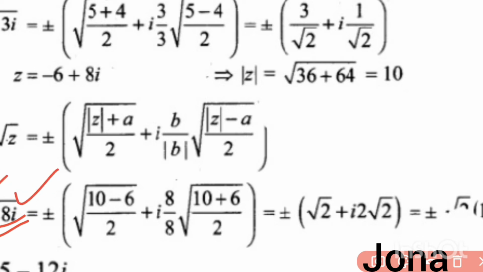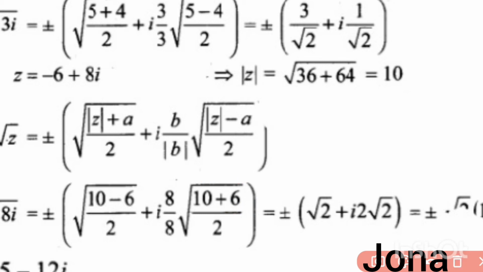Let me substitute all the values. The modulus of z is 10, a is minus 6, divided by 2, plus i into b is 8 divided by modulus of b, root 8 square, that is nothing but 8 here, and modulus of z is 10 minus a, minus of minus 6 is plus 6 here, divided by 2.